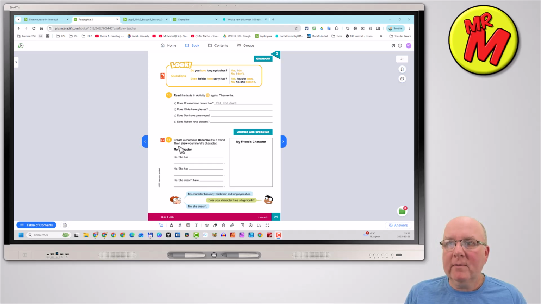Et une fois que vous avez terminé de remplir ceci, then and only then, you can team up, work as a pair, two people, and you will read this to your friend out loud, and your friend will draw your character.